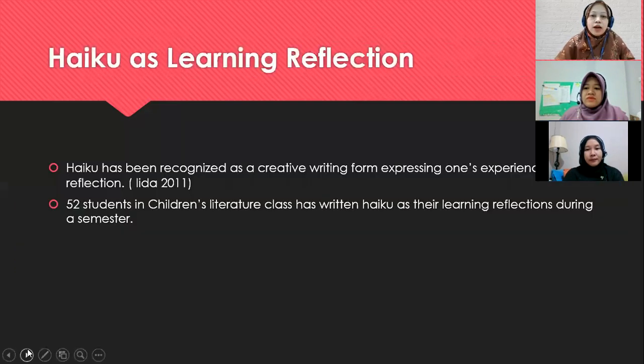Okay, so why did we use haiku as a learning reflection? We think this is based on the research conducted by Ida in 2011. Haiku has been recognized as a creative writing form expressing one's experience and reflection.